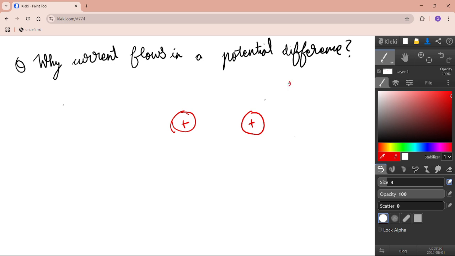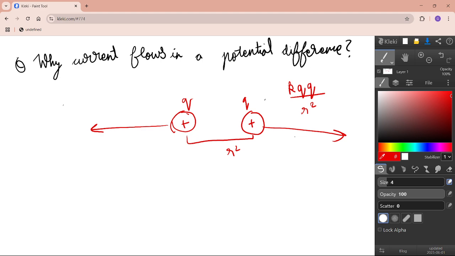The potential energy between them is kqq by, assume equal charges, by r square, and you leave them. These charges go on till infinity. This r is reduced to infinity, and one upon infinity square is zero. Minimum potential energy.